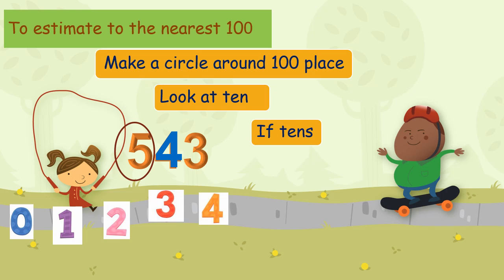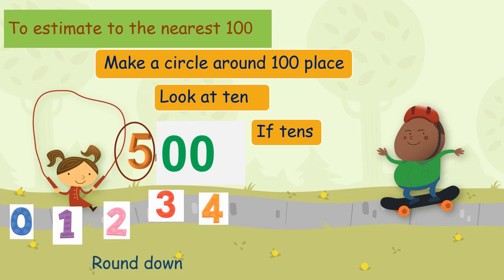We're going to go back. If your 10 here is 0 or 1 or 2 or 3 or 4, go back to the 100 before. You're going to round down, go back to the 500. So here, the estimation is 500.